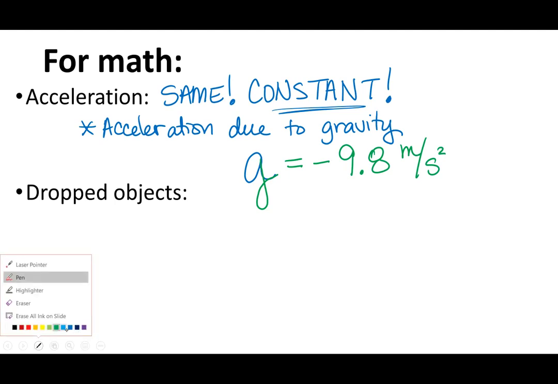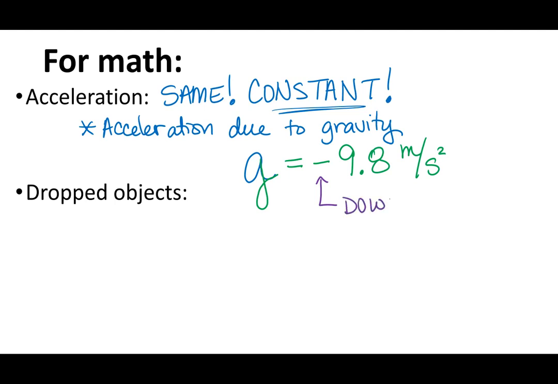When we talked about vectors, we said that those negatives indicate direction. Well, which way does gravity pull? Down. And so the negative here for negative 9.8 indicates a downward direction. So these things will speed up as they are falling.